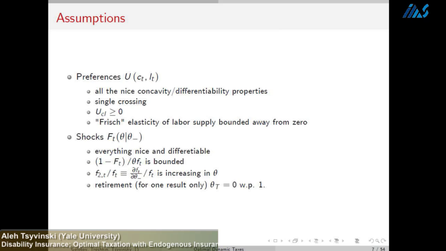So how to think about this? Suppose you have some previous type, theta h or theta l, then the relative probability of getting a shock theta, conditional on theta h and theta l, is decreasing with theta. Okay, and I'm going to give you a little bit more intuition about where it's going to exactly play out.